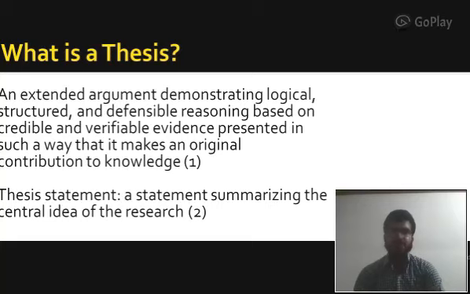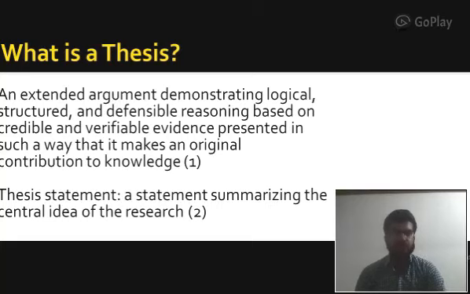And the third is that it should make an original contribution to knowledge. In simple words, contribution here means that your research should actually somehow add something to the already existing research.